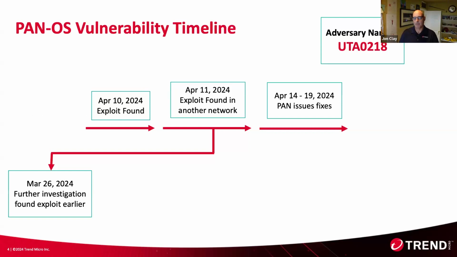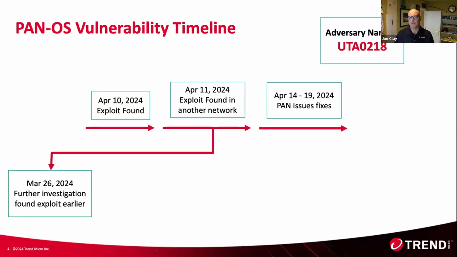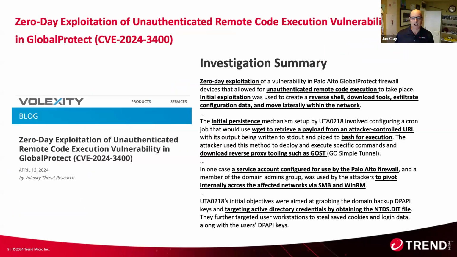Now, Palo Alto has issued fixes, patches already, so they've been doing it since April 14th, and when I last checked their website, they had patches through yesterday for most of their products, but that's the timeline.